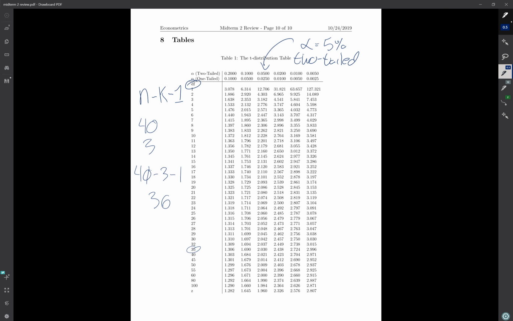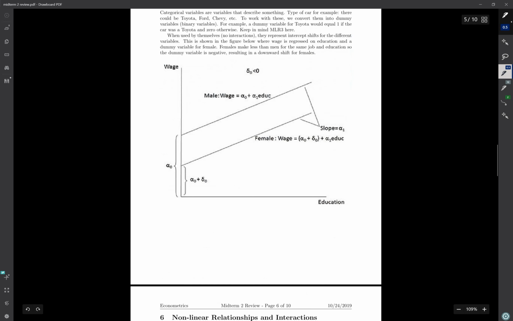I'm not going to make you find the exact number. I think 35 would be close enough for us. So we find that number and we go to the right column. This is the right column, and we would see 2.03 is our number. So this is our t critical value that we are looking for.